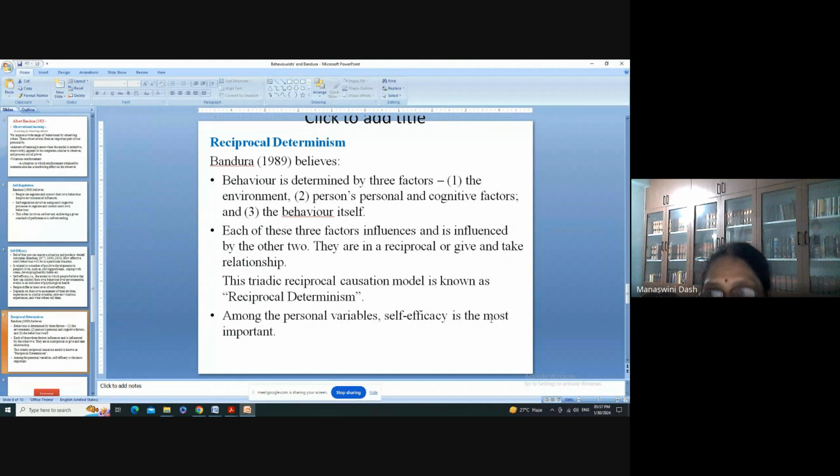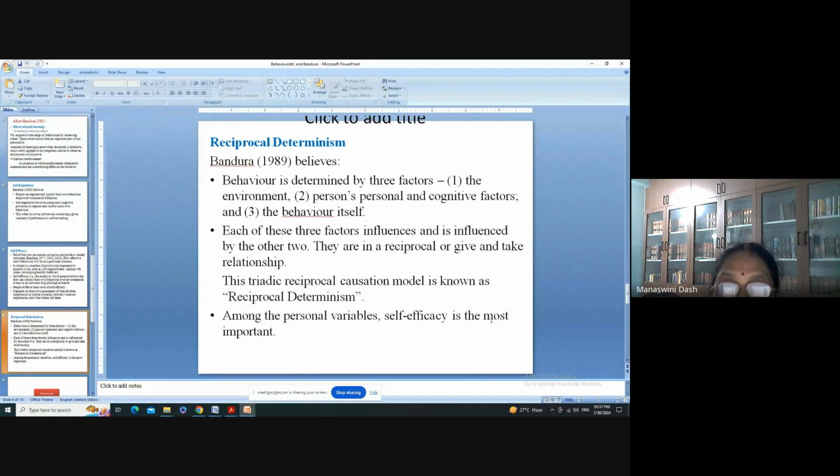So three factors are responsible for behavior, and these factors are in a reciprocal cause-effect relationship. So this model is known as reciprocal determinism.